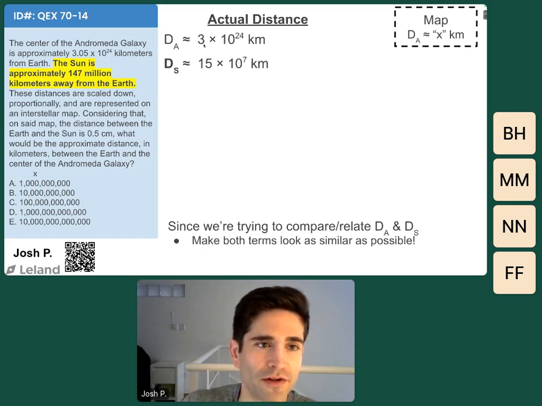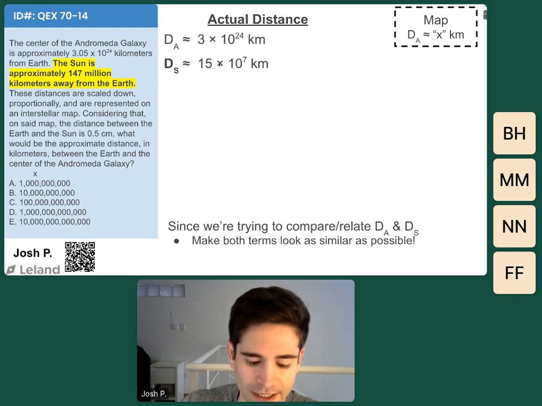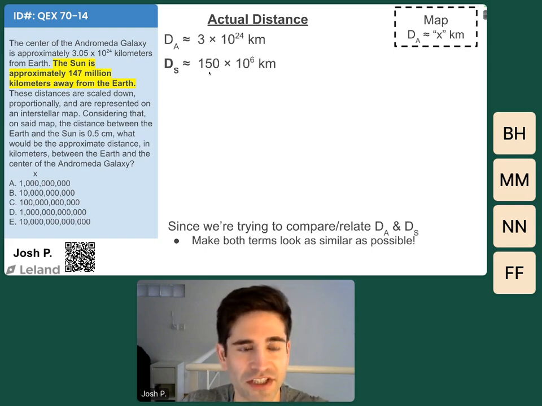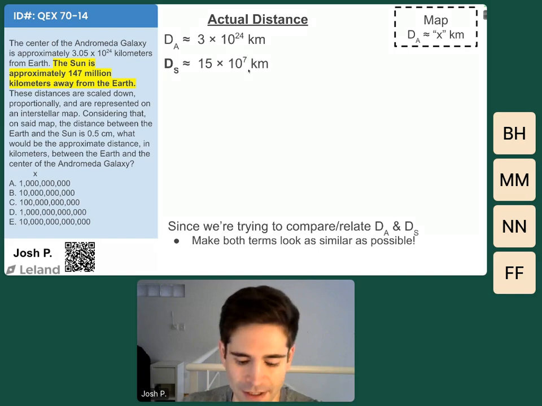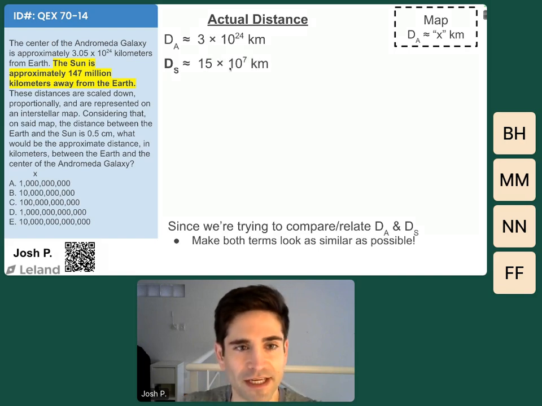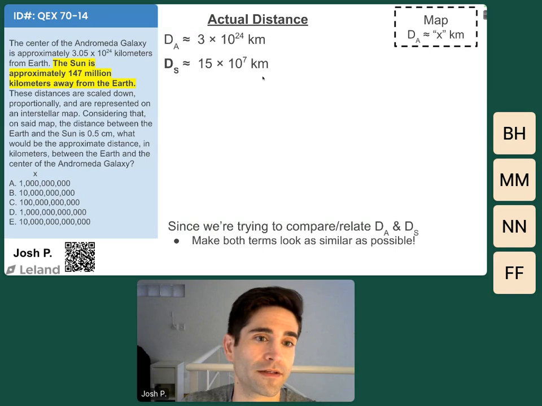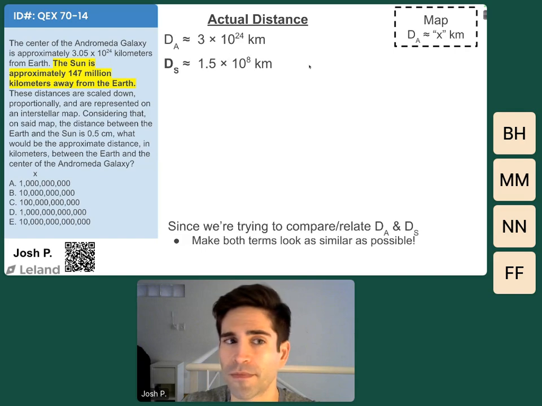Now, we really want to make it look like this as much as possible. So we can pass a 10 over here. Essentially what we did is divide 150 by 10 and multiply this by 10, so we balance it out. And 15 times 10 to the 7th is equivalent to 1.5 times 10 to the 8th. And now they look pretty similar.